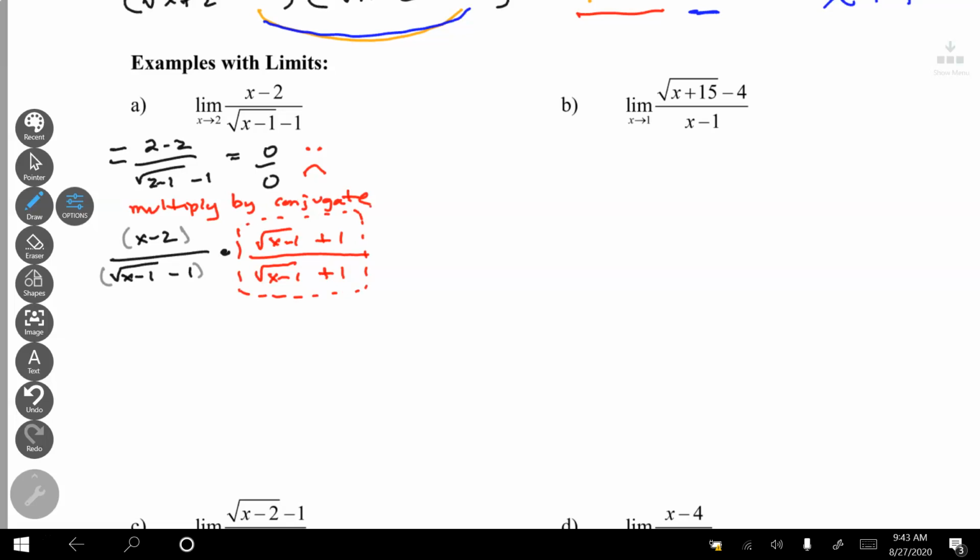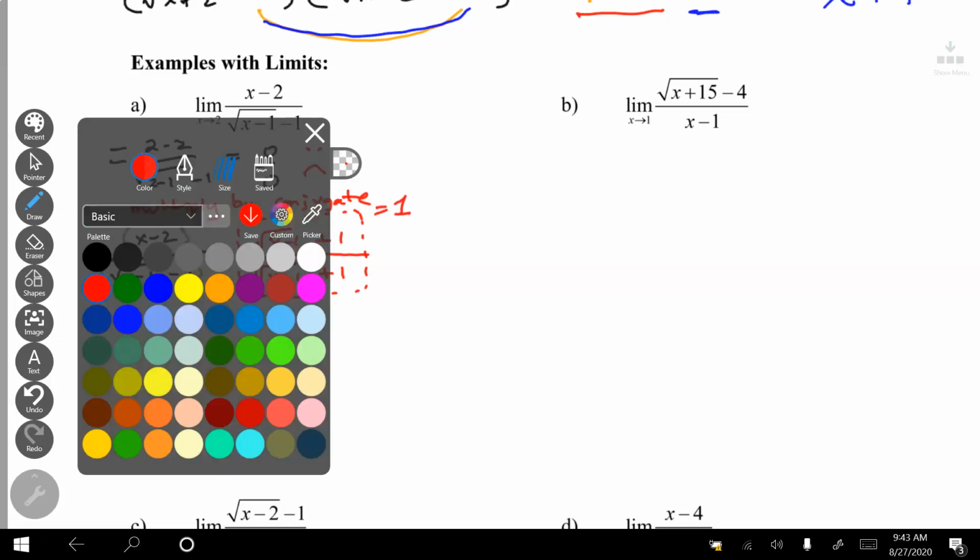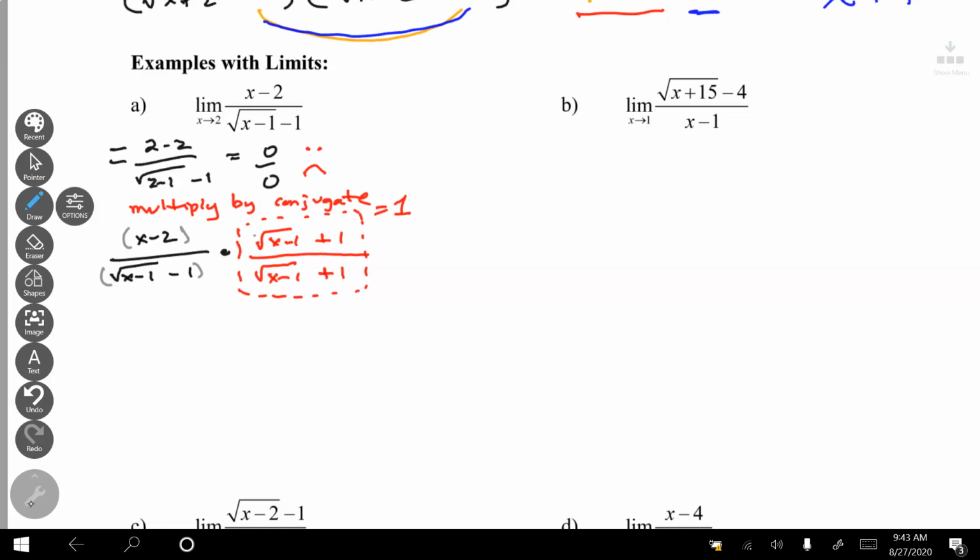This fraction here really equals 1. I'm going to clean it up. On the top part, since those aren't conjugates, I'm just going to leave it as the messy parentheses, as you'll see what will happen.